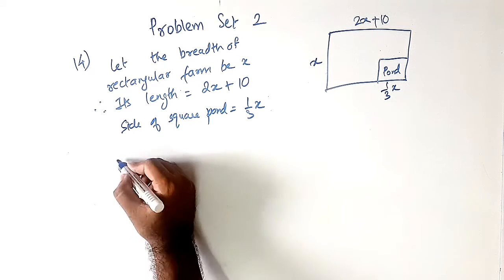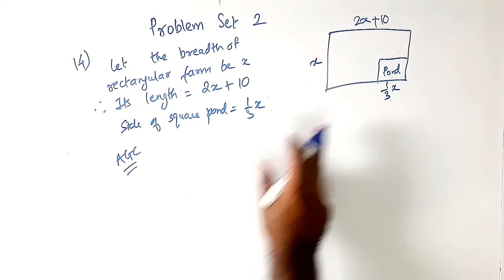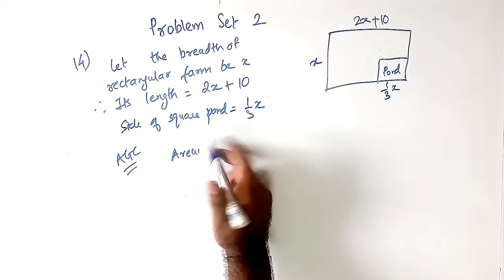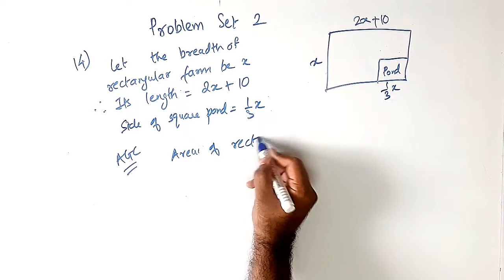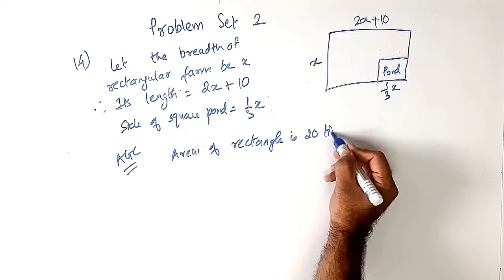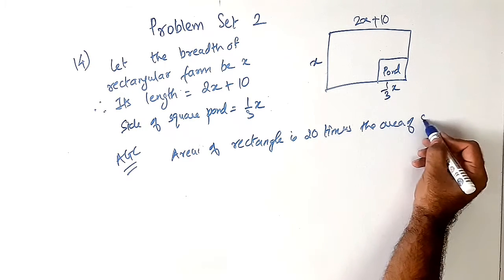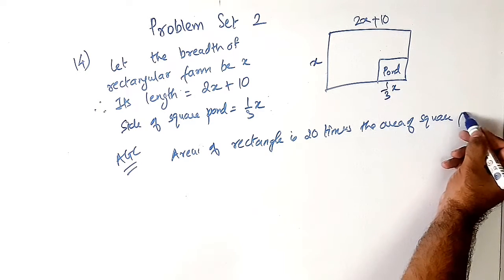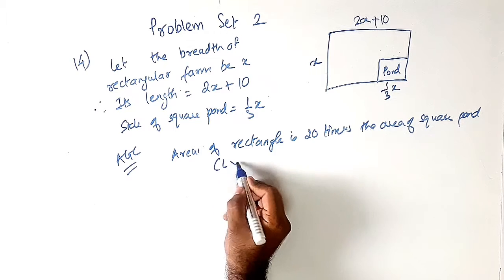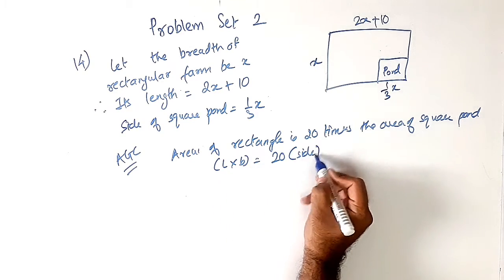Okay, now according to given condition, area of rectangle I can write is 20 times the area of square pond. Very simple. This will be length into breadth is equal to 20 times side square.